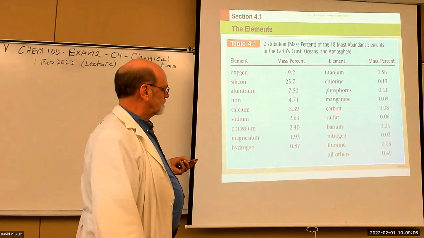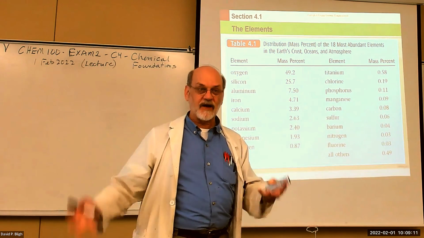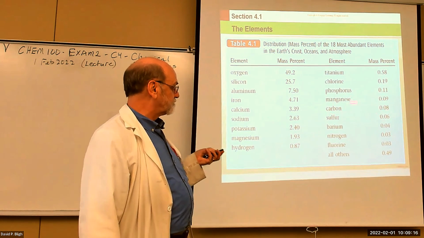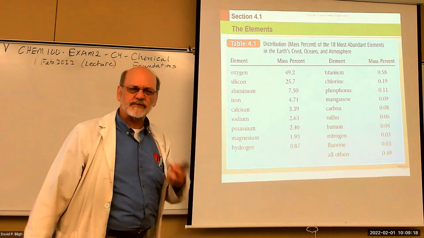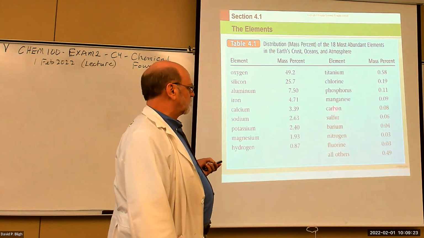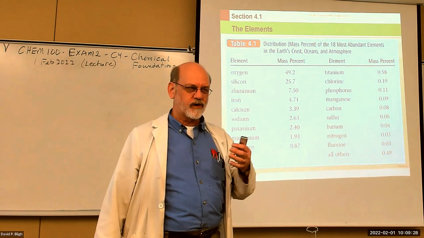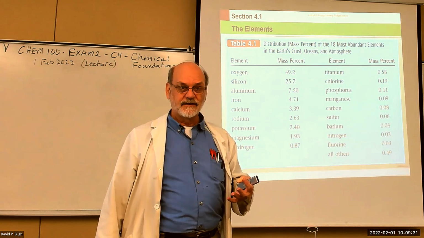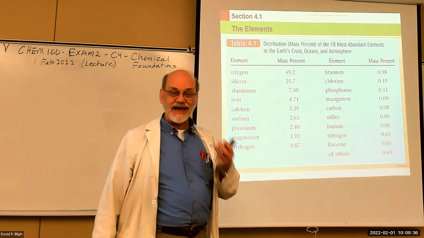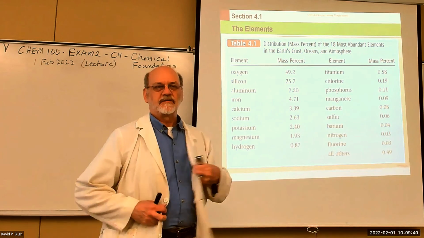Notice carbon, the stuff that makes us possible and living things possible, is a very small percentage by mass. Okay, so there must be something else at work. If these, we know these are very important elements, extremely important. So there must be something more at work here rather than mass. And we're going to talk about that eventually in terms of numbers of atoms, because that's the way they combine to make things, not by mass, but by numbers.